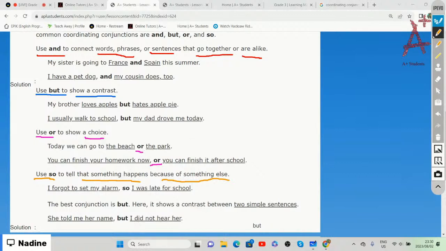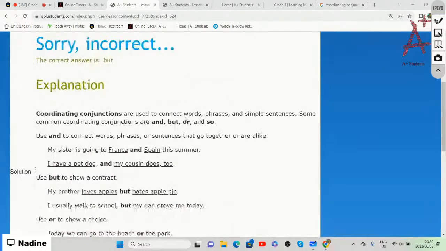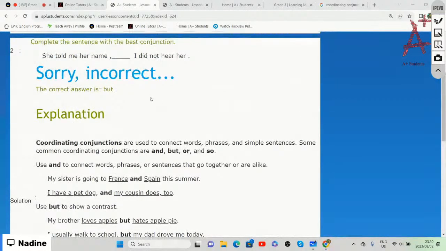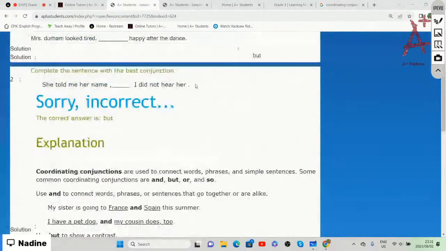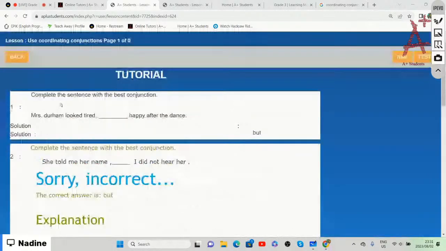Now we are going to our different sentences and we are going to choose one of the coordinating conjunctions in order to connect the sentence. If we go to the first one: Mrs. Durham looked tired, happy after the dance.